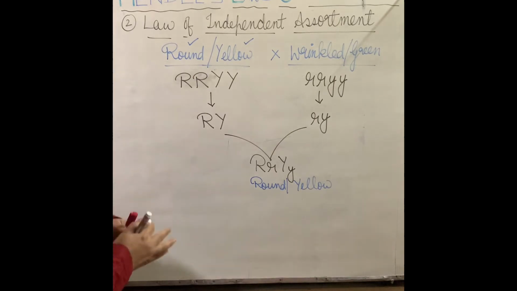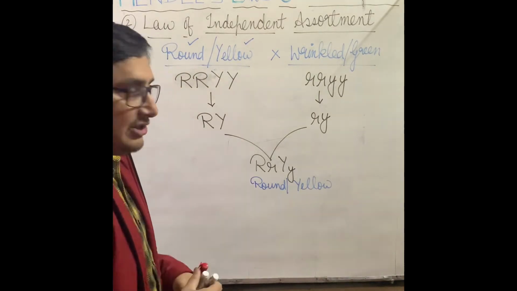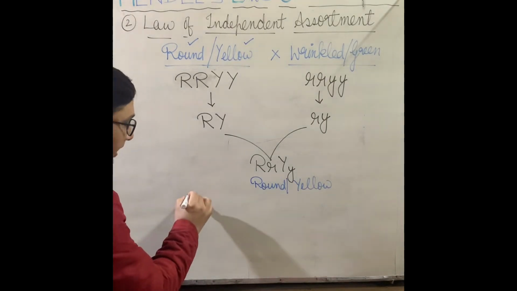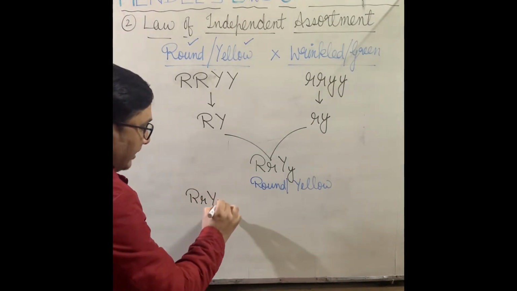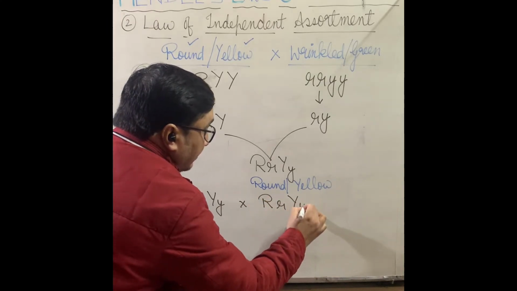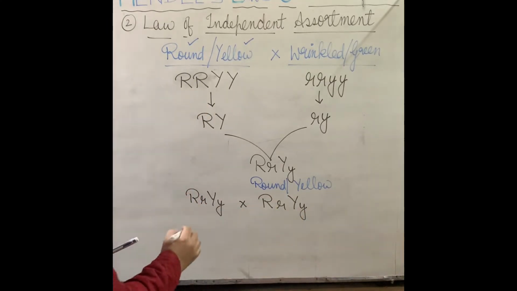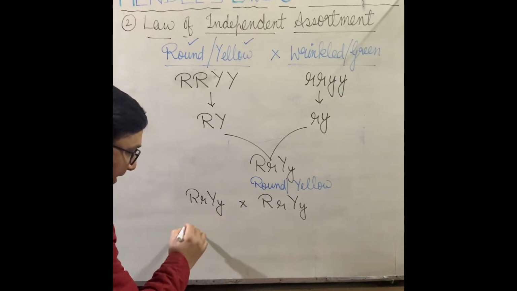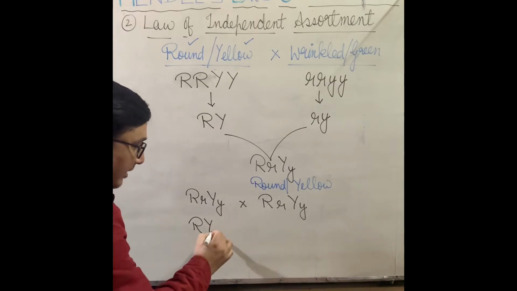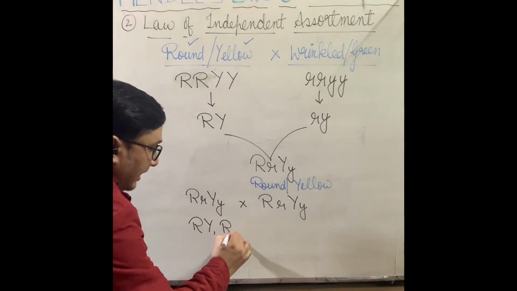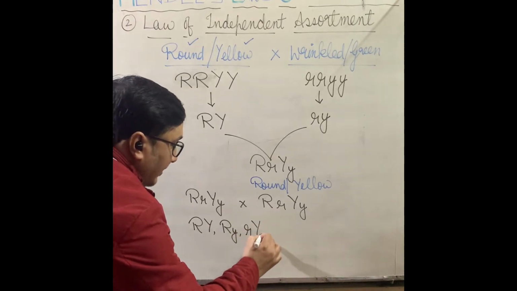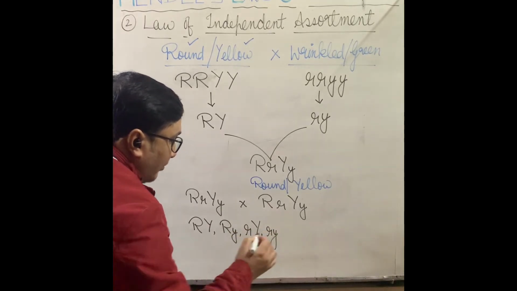Now what happens is that for gamete formation in F2, we go for selfing. So if selfing is done, what are we going to get? We are going to get this combination. Here when we go for gamete formation, we will be getting capital R, capital Y, one possibility, capital R, small y, then small r, capital Y, and small r, small y.